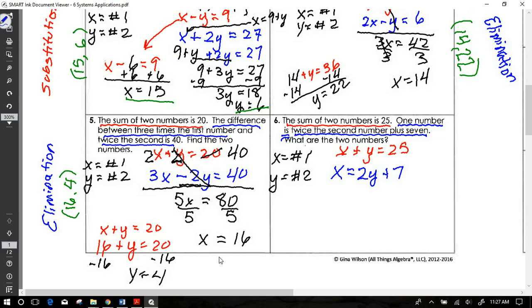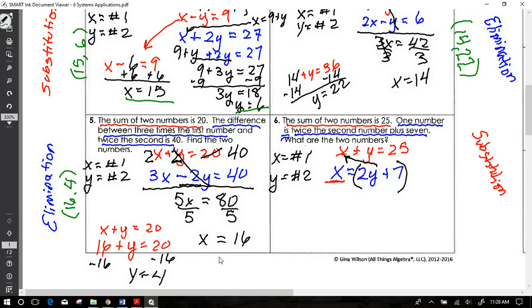Well, this problem, how it's written, is already set up for the substitution method. So I'm going to do the substitution method because this x here is already by itself. So what I'm going to do is take what that x equals and plug it into that equation right there.